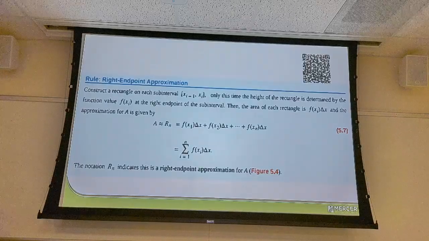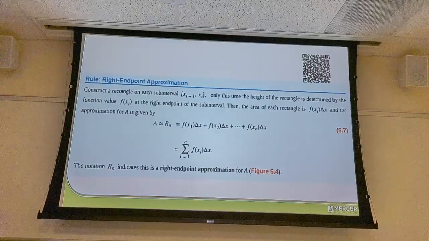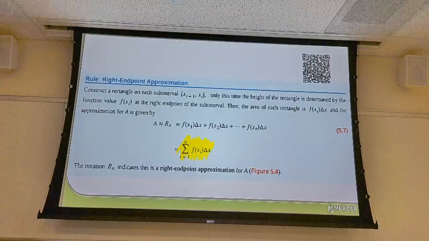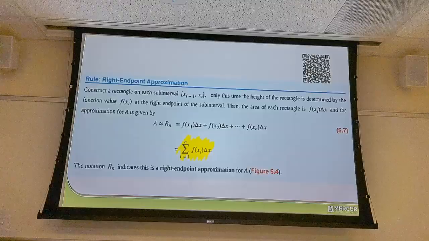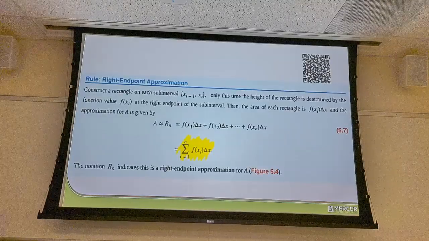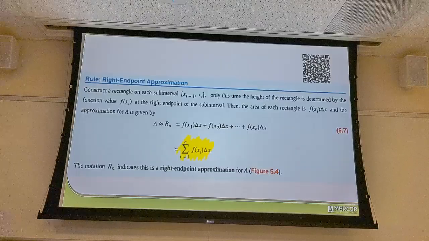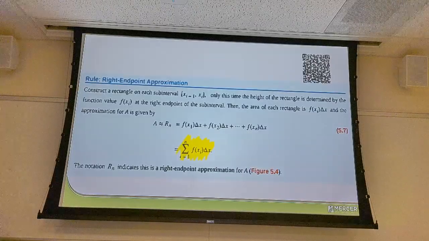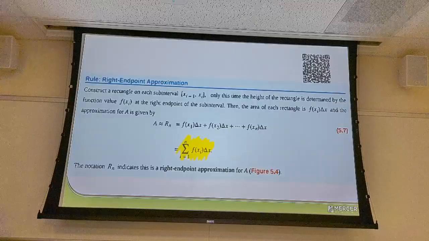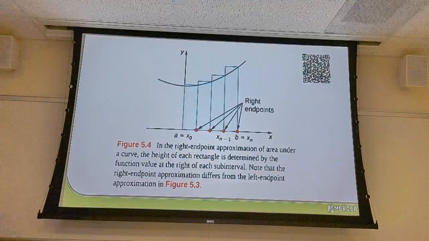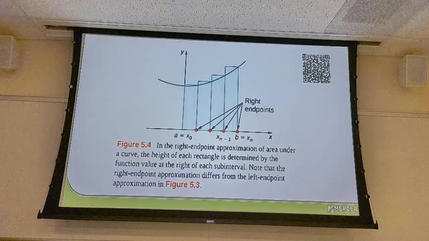So your right endpoint approximation. And again, delta x is b minus a over n. The process is the same, except your height of the rectangle is determined by the right endpoint of each subinterval.